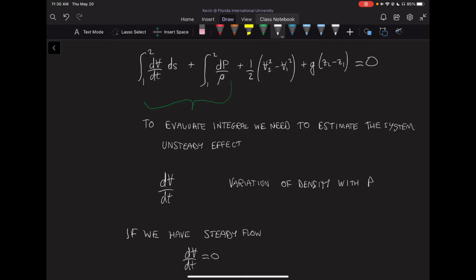So that doesn't mean that the velocity between point 1 and point 2 might not be different, but we're saying that over time, the velocity coming in and the velocity coming out is always the same, okay? The pipe flow is always, for example, if it's a pipe, the flow is always coming in at 2 meters per second and always exiting at 4 meters per second. It doesn't change with time, okay?